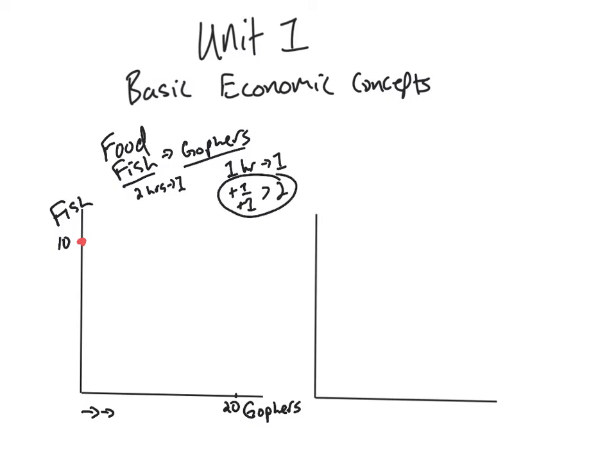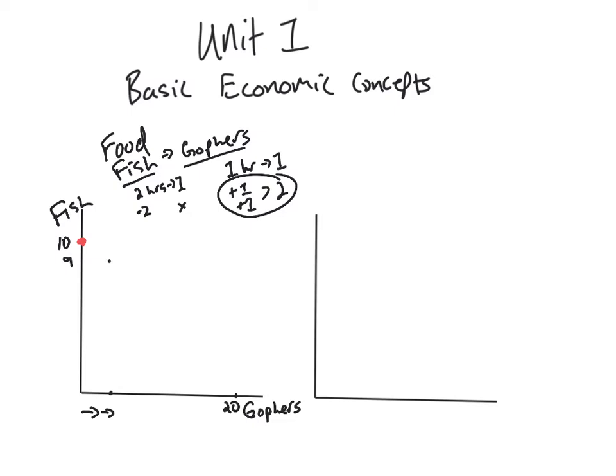What does he have to do in order to catch those 2? He has to lose 2 hours over here, which means he loses 1 fish. So what point is he at now? He's at 2 gophers, but he's down to 9 fish, and so he's at this point right there.